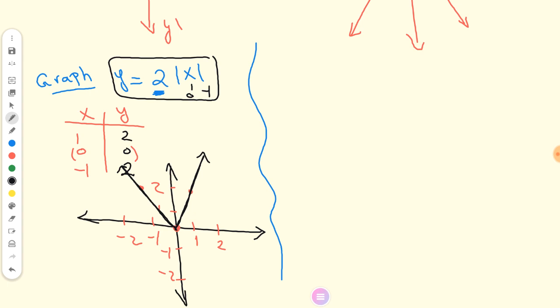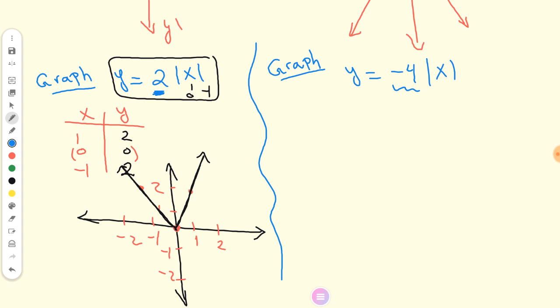Okay, another one. Graph y equals -4 absolute value of x. I can know whether the V opens up or down because here A is -4, which is less than 0.